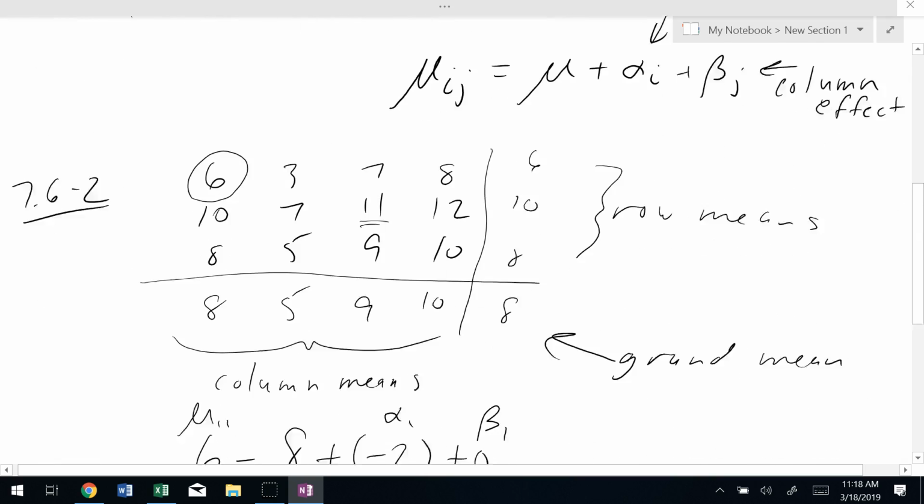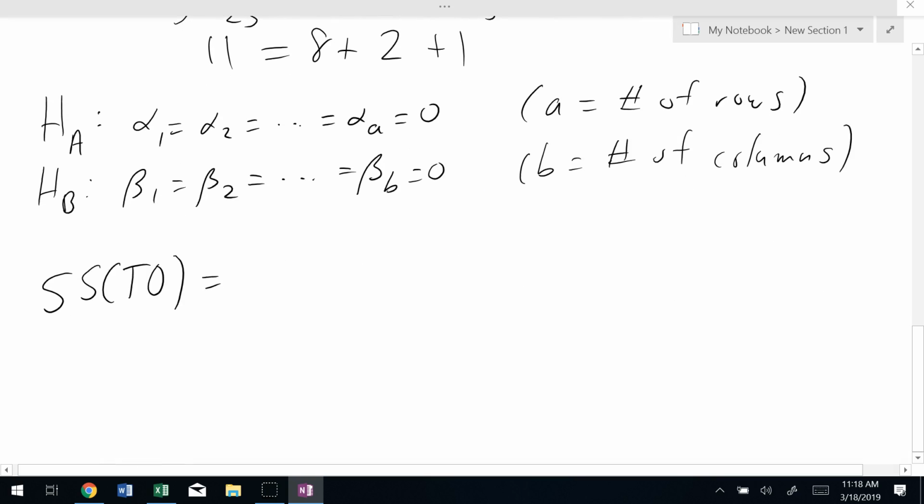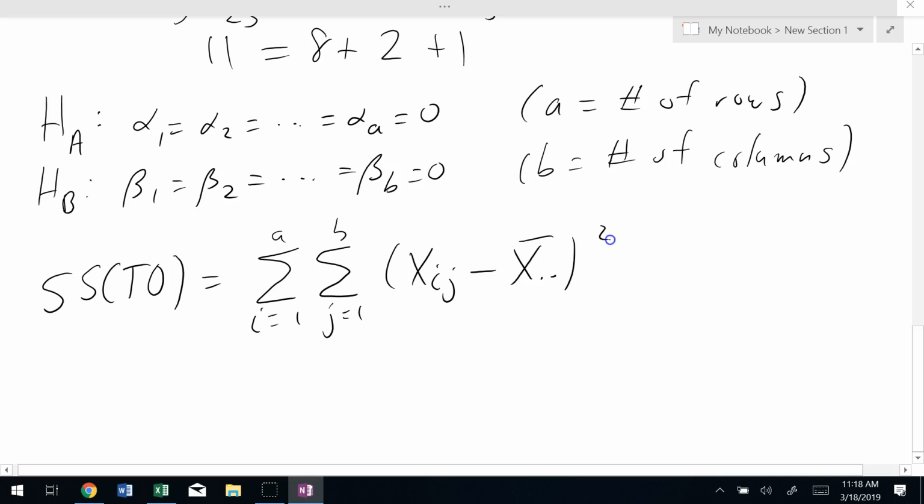So this will be the double sum. We'll have i goes from 1 to a, and j goes from 1 to b. And we'll have our x sub ij minus our x bar double dot, squared.